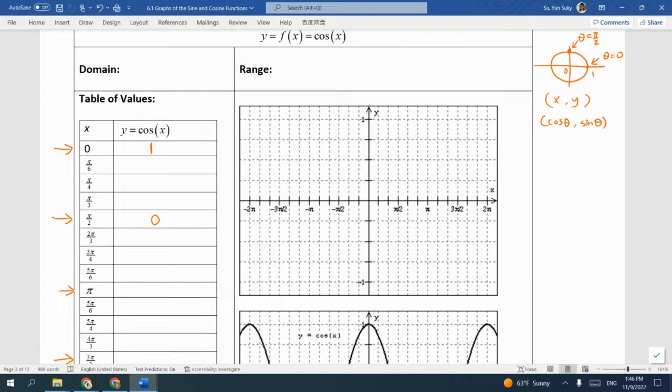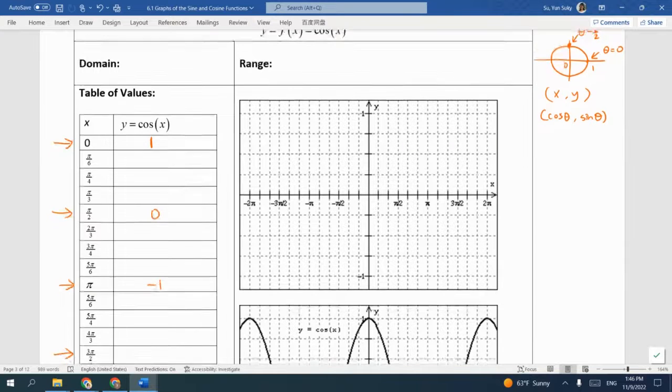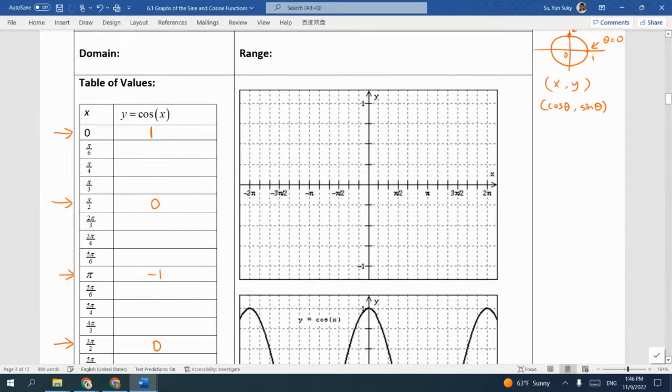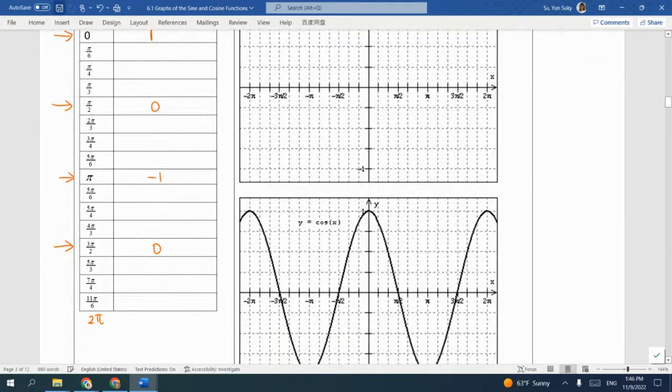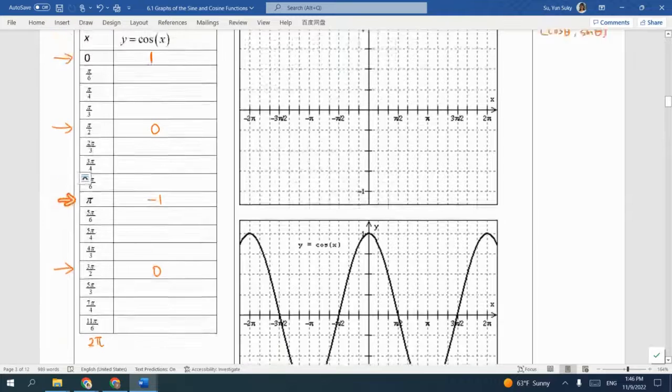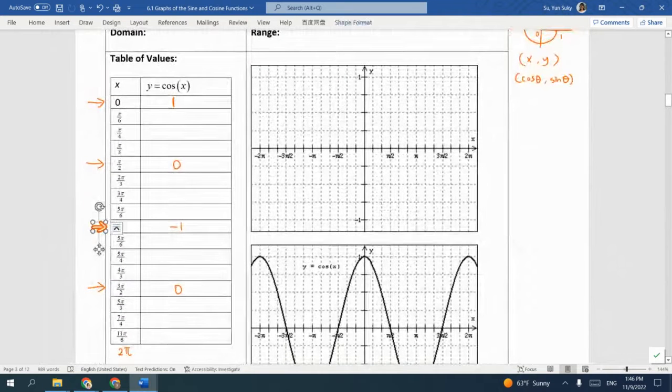How about when theta is pi? What's the x coordinate? -1. How about when theta is 3 pi over 2? You get what? 0.